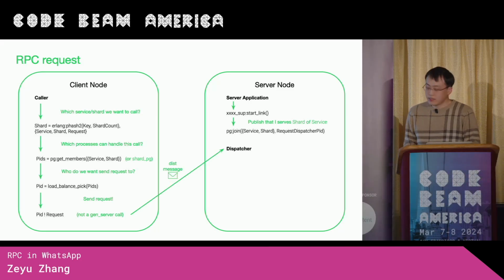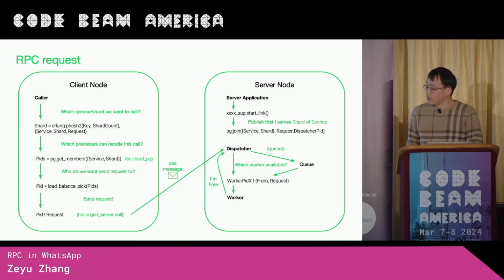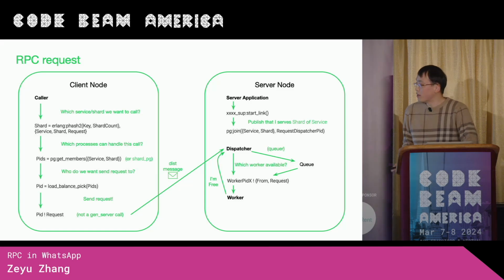So the request then becomes an Erlang distribution message that goes to the request dispatcher on the server node. On the server node, we have different request dispatching mechanisms, but the most used one is what we call the queuer. In this case, it maintains a worker pool. When a request comes, it finds out if there is a worker available.